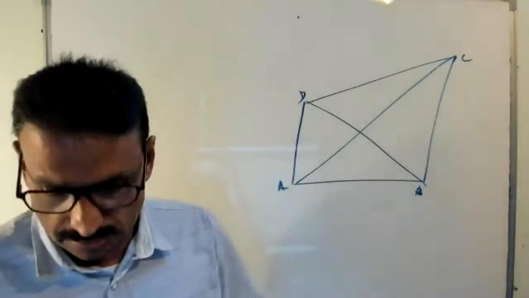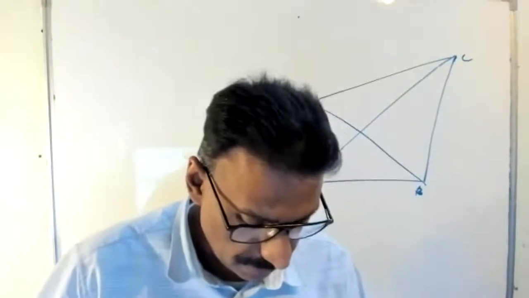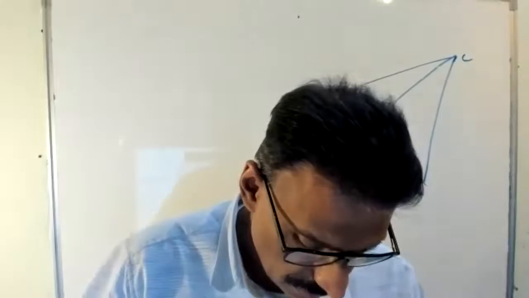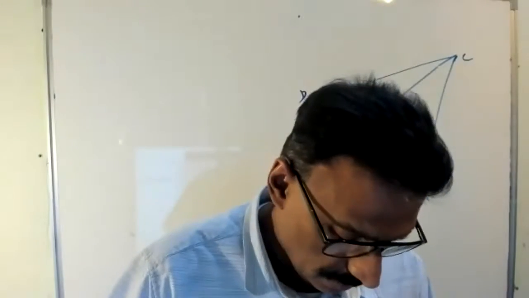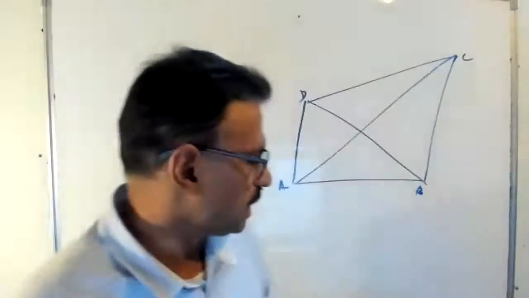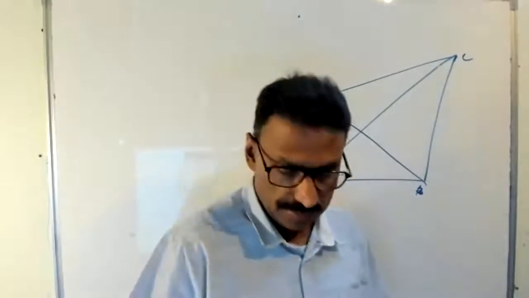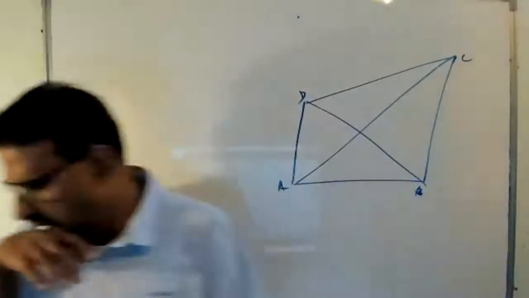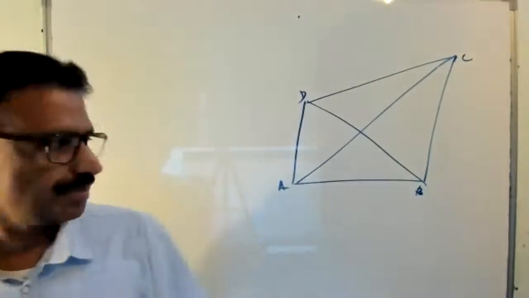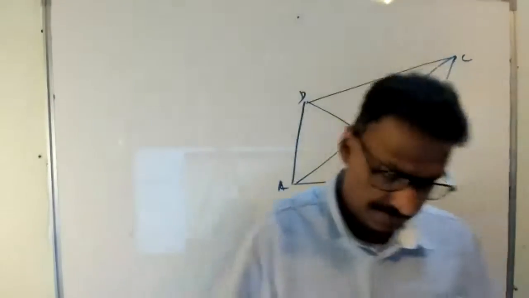Then, in this figure, the line segments AB, BC, CD, DA are called sides.